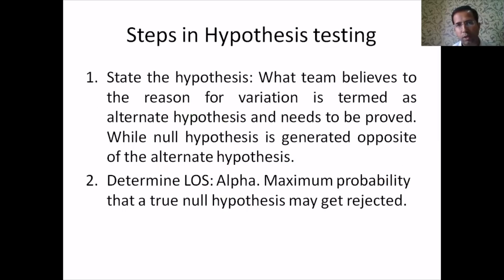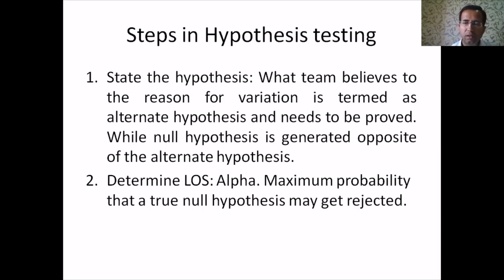So there are a few steps in hypothesis testing. First, we have to state the hypothesis. We start with the alternate hypothesis, then we write the null hypothesis, and it's mostly in numeric numbers. It's quantitative. Secondly, we have to suggest a level of significance. Level of significance is the maximum probability that a true null hypothesis may get rejected.